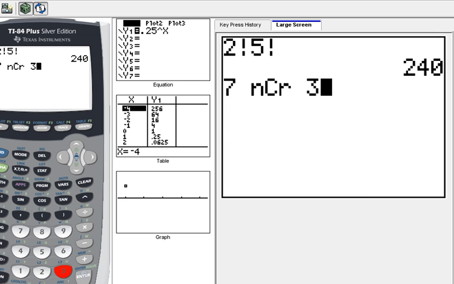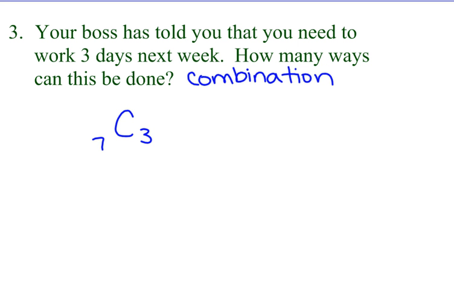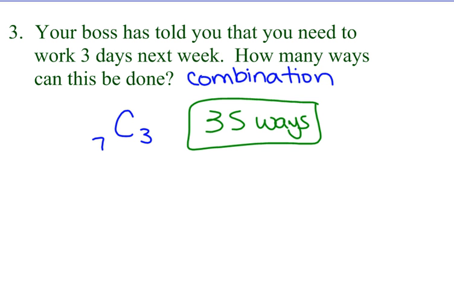So I hit 3, and when I hit enter, I have 35 choices of how to pick which days I'm going to work. There are 35 ways I can choose those 3 days of the week. Now, if they would have told us that that was only out of the 5 days, like Monday through Friday, then we would have done 5C3, and we'd have fewer ways to choose.